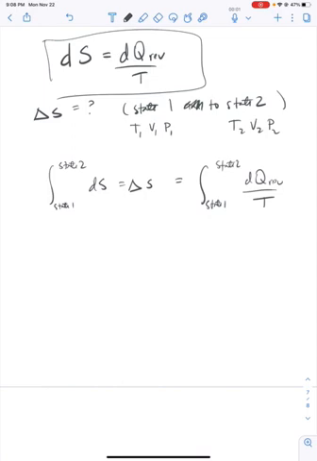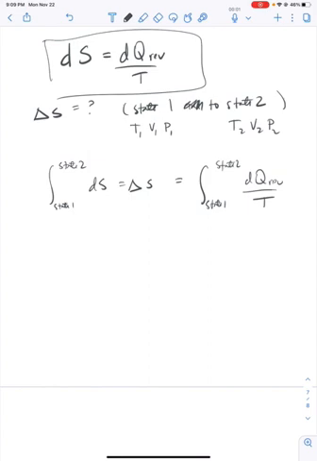Okay. Now, quick point about why it needs to be the reversible q in this change in entropy dS. Remember that the q, the heat associated with going from state 1 to state 2, is not necessarily the same for every path, right?